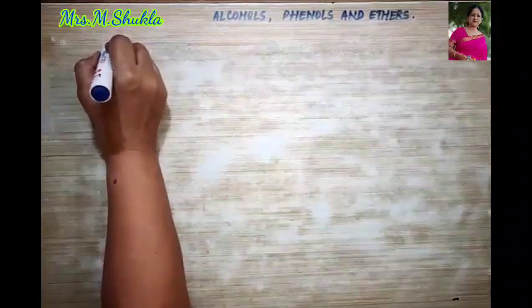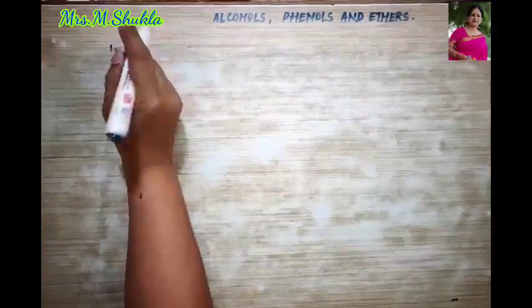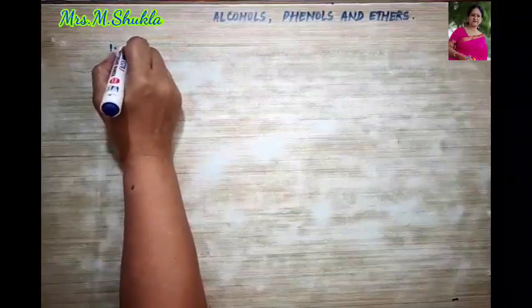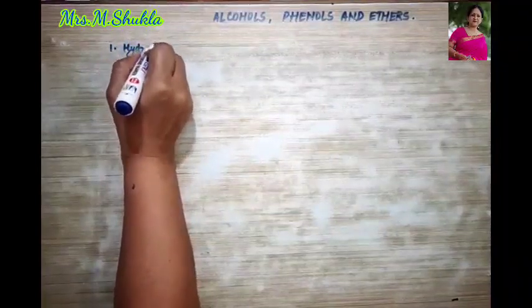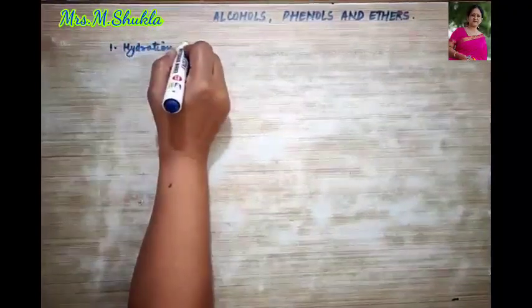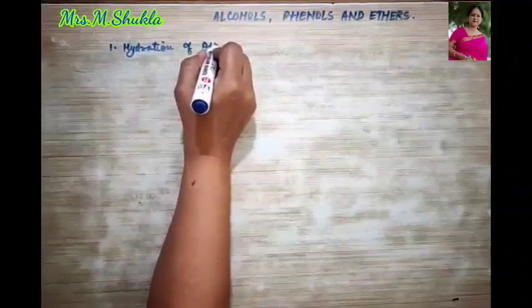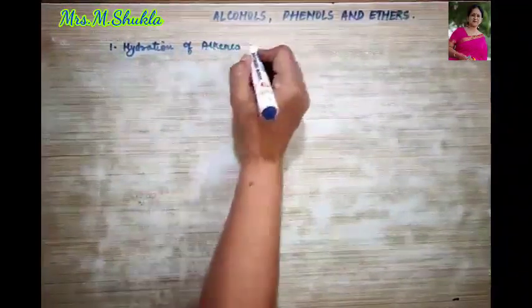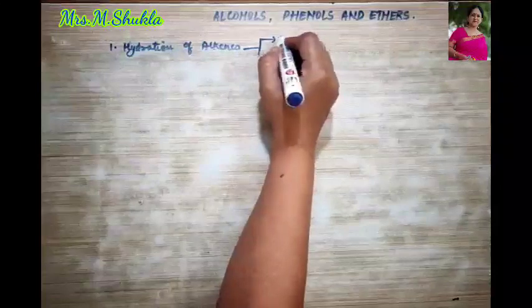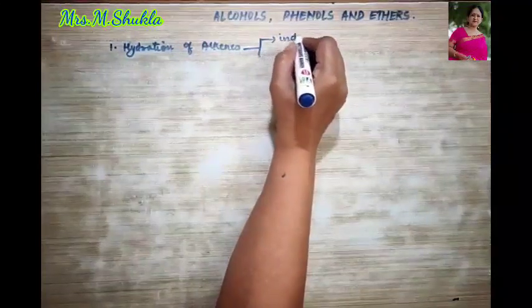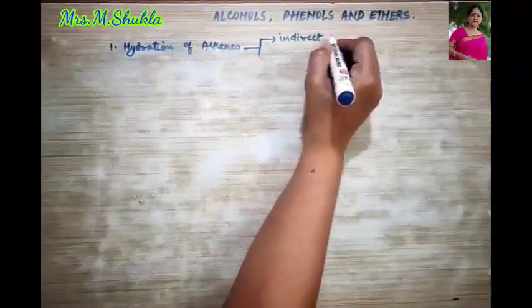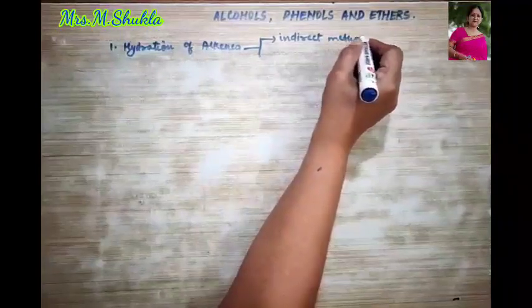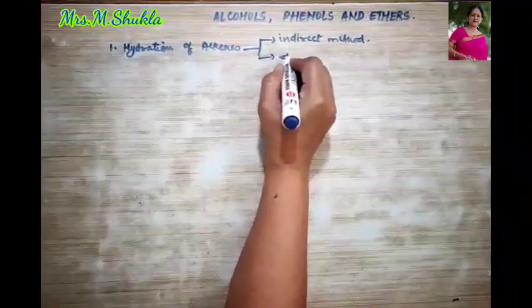So let us begin. The first method of preparing alcohol is by hydration of alkenes. Now this takes place by 2 methods. One is the indirect method, and the other is the direct method.